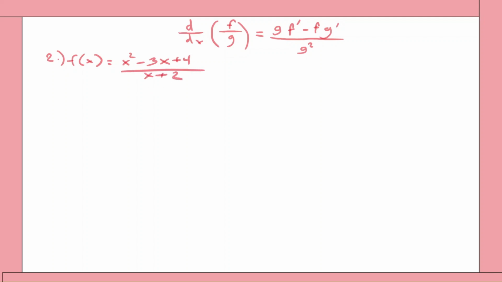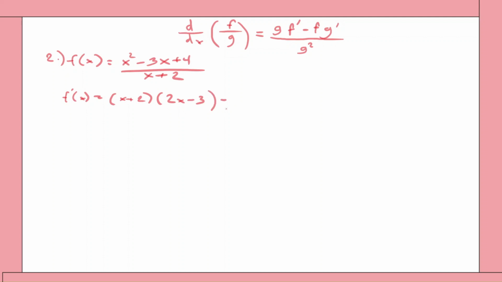Okay, so to do this, we first do the same thing as prior. We first put our g function just as it's presented, so x plus 2. Then we take our f prime. The derivative of x squared is just 2x, because we bring down the 2 and decrease it by 1. And then 3x's derivative is just 3, so this is a minus 3. And 4's derivative is 0, so it ends up just being 2x minus 3.